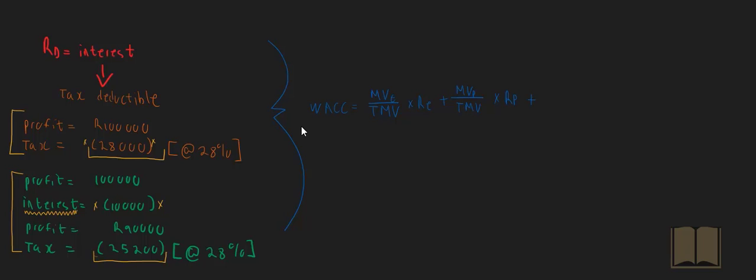And then lastly, and this is where the change comes in, it's the market value of debt divided by the total market value multiplied by the return on debt, which is interest. But remember, this interest has got tax beneficial consequences. So the return on debt or the interest is multiplied by 1 minus T, which stands for the tax rate.